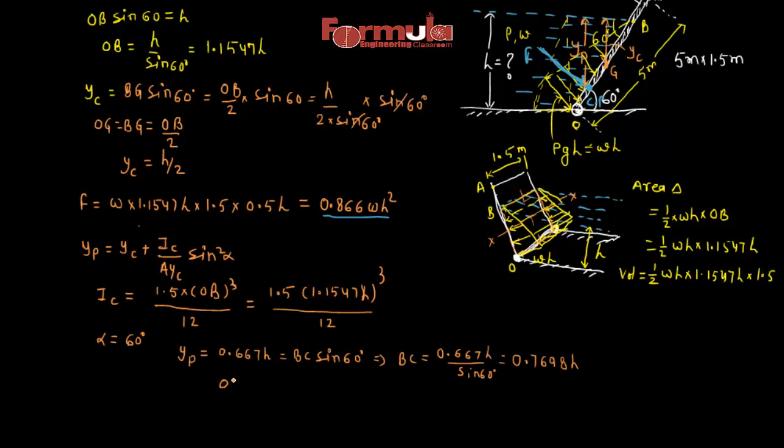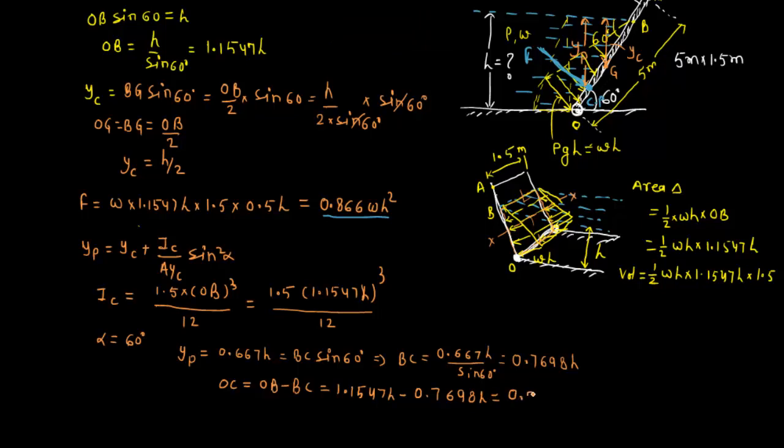OC will be equal to OB minus BC, that is 1.1547 h minus 0.7698 h, which is 0.3849 h.